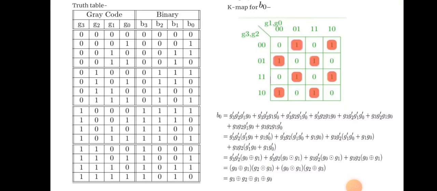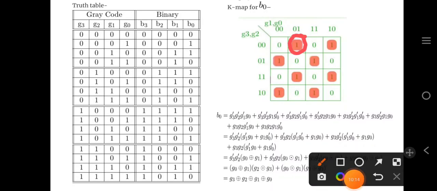If you consider this first group, then what will be its variable? It will be 0 0 0 1. It means G3 dash, G2 dash, G1 dash and G0. So this group is mentioned here.